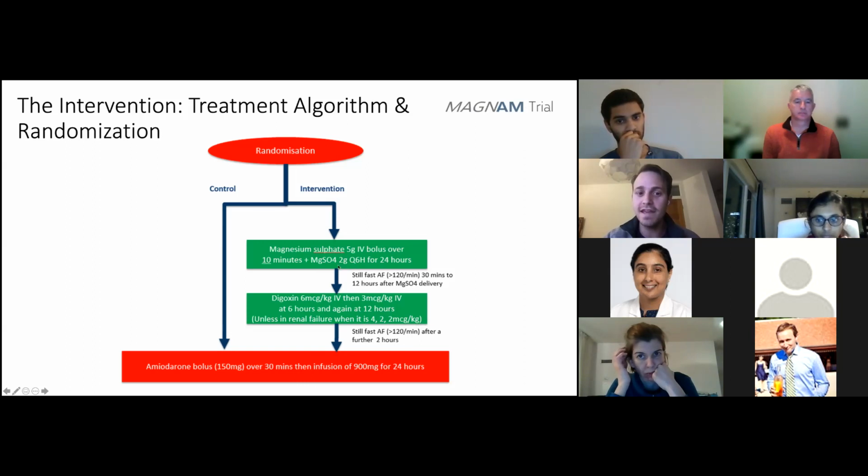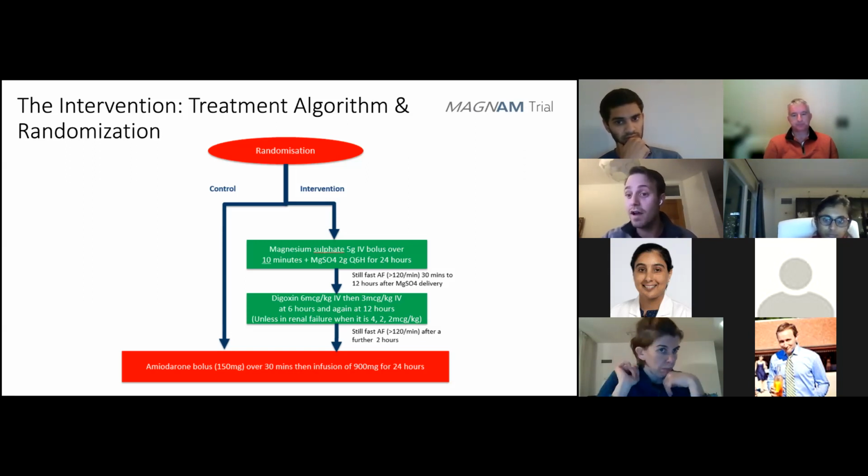What that means is continue the 2 grams Q6 and continue the rest of the digoxin load. And then you would still give the amiodarone. If the MRP team again decides they want to continue amio, or they want to continue digoxin and do a digoxin level, they can do all of that, but that's after the 24 hours of the intervention arm. And so that would be outside of the scope of the study.